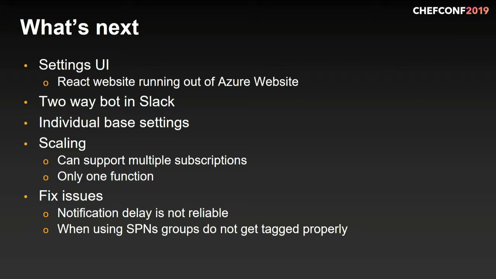So what's next? I want to have a settings UI. It's all very well having a nice API, but it's not terribly friendly for updating settings, especially if someone updating those settings isn't a techie. So I've been playing around. I subscribe to Medium, and there was an interesting article the other day about how you can use React.